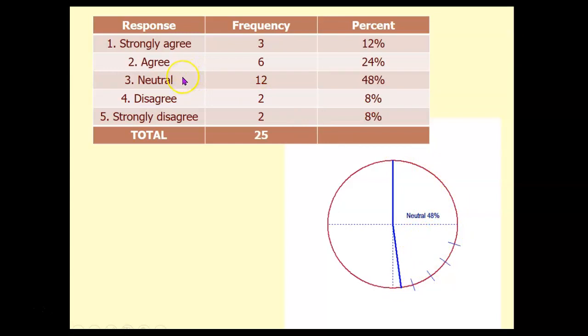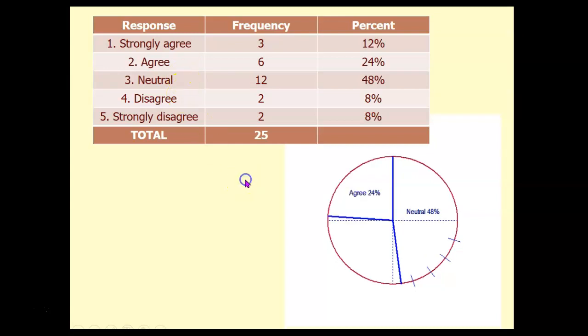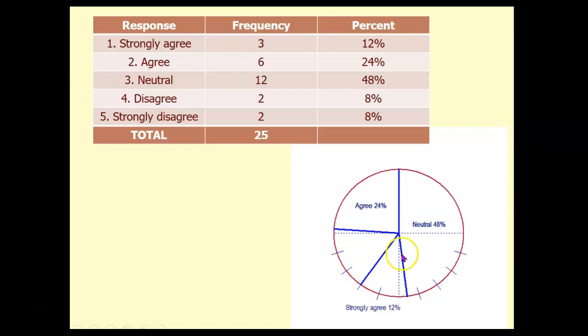Then, if I want to go ahead and put in the 24%, remember I said that was a little less than 25%. So that's just a little bit less than one of these quarters here. Now, if I divide this quarter up into 5 equal parts, like this, then I can see where to make 12%, because that's going to be 5, 10, and then these two that were left over here.